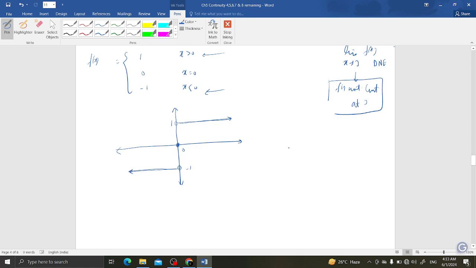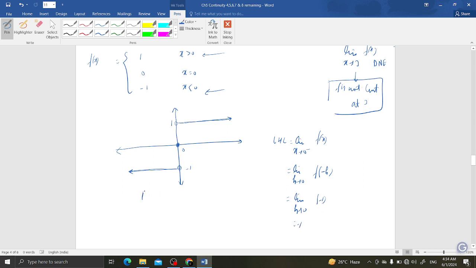But observe the LHL, I will do it for 0. LHL is limit x tends to 0 negative of f(x), which is limit h tends to 0 of f(0 minus h), that is f(minus h). h is a positive quantity, so minus h is a negative quantity. How can we find f(minus h)? By the third piece, that is minus 1, and hence we are getting minus 1.